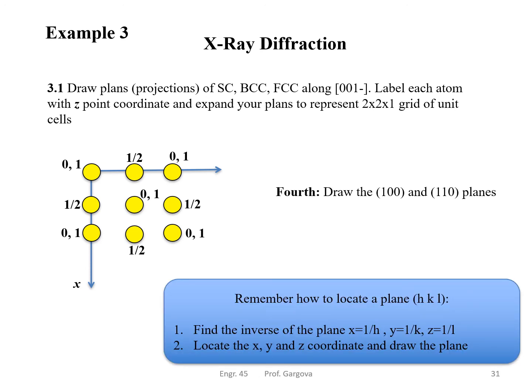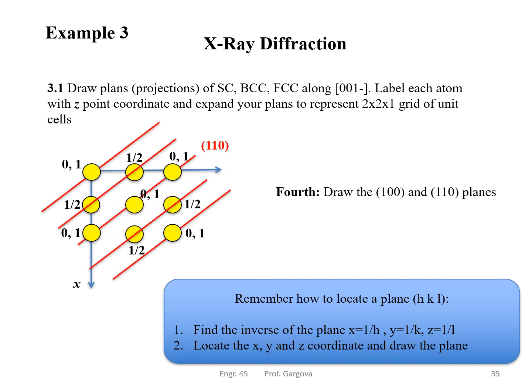So when we draw or locate the planes for the 1, 0, 0 plane and all their families, we see that they can potentially lead to deconstructive interference, which doesn't lead to any diffraction patterns for the 1, 0, 0. The same goes for the 1, 1, 0 plane. The 1, 0, 0 and the 1, 1, 0 planes both do not diffract.